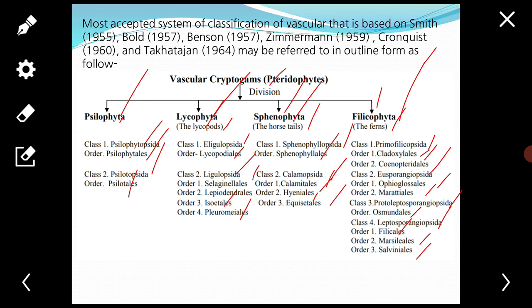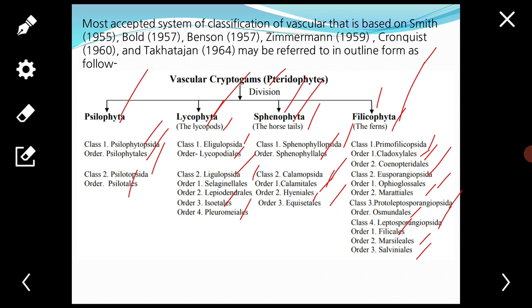Majority of the members except some tree ferns, example Angiopteris, have short and stout rhizome. The rhizome may be creeping, upright, or growing above the soil. Leaves are large, may be simple, example Ophioglossum, or pinnately compound. In majority of the ferns, for example Pteridium, Marsilea, Adiantum, the leaves are described as fronds.